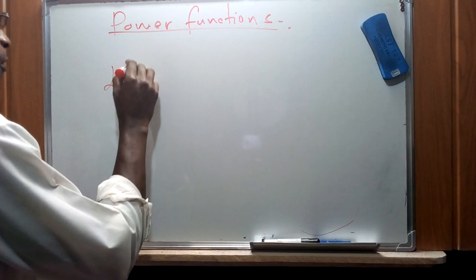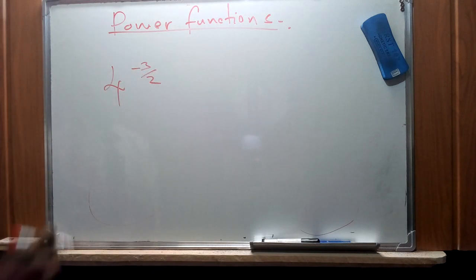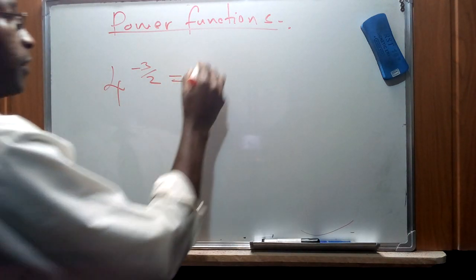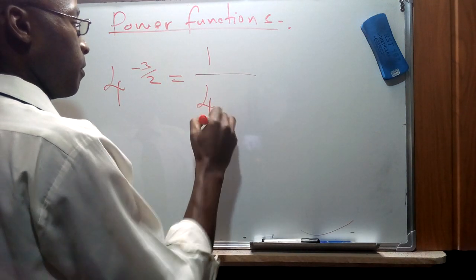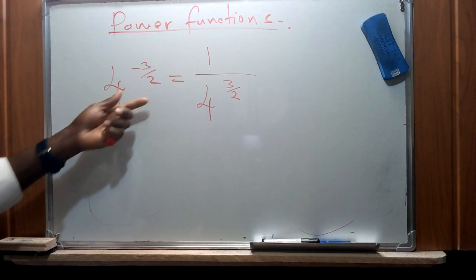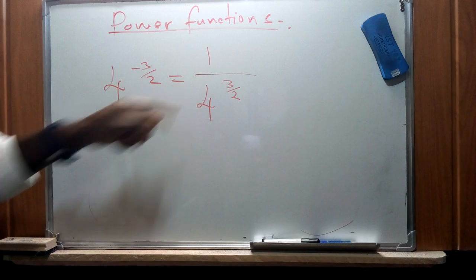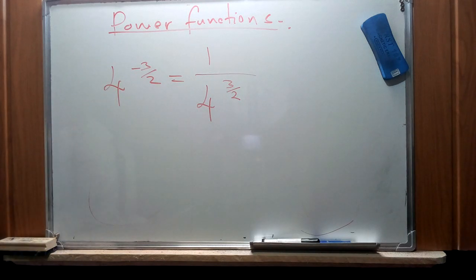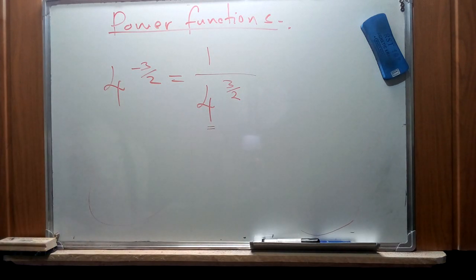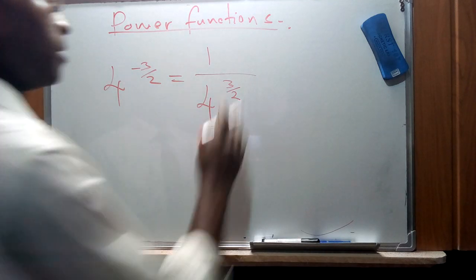So if we have 4 to the negative 3 over 2, then we're going to express this one as 1 over 4 to the 3 over 2. So in this case, if it's a negative exponent, then if we express it as a fraction, as a reciprocal, that negative exponent disappears. So as we can see from this, still we can simplify that and try to express it in the order that you have said.